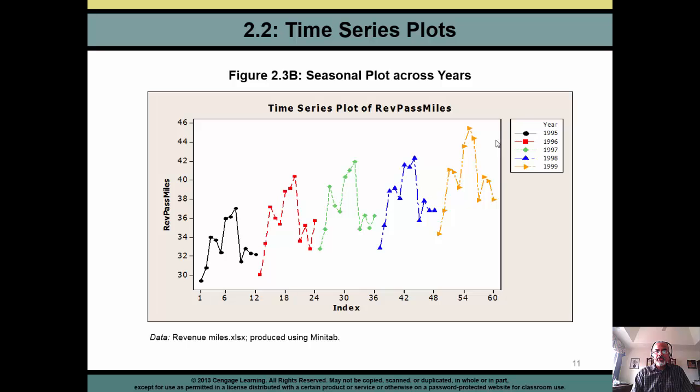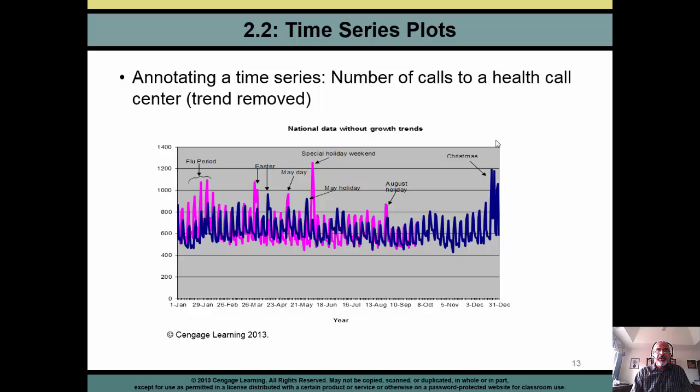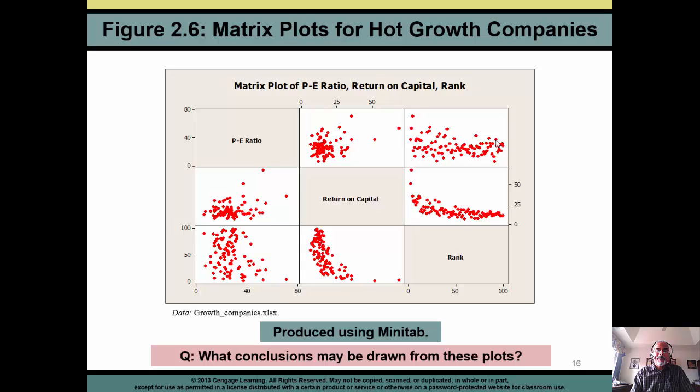So I'm just quickly going over these now, but we will be developing these plots ourselves. Okay, and then we have the scatter plot, where you have one variable on the x-axis and another variable on the y-axis. We'll also look at these scatter plots in a minute. Okay, so we'll now go to Excel and develop these plots.